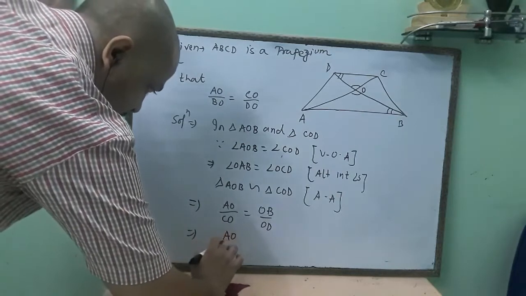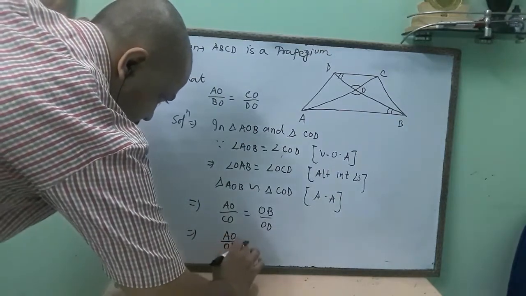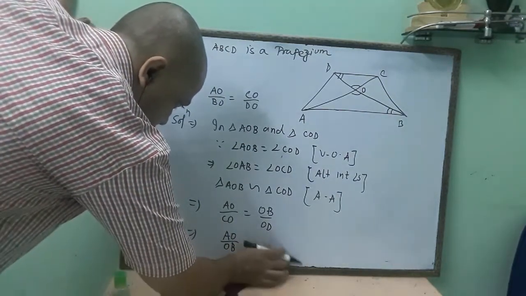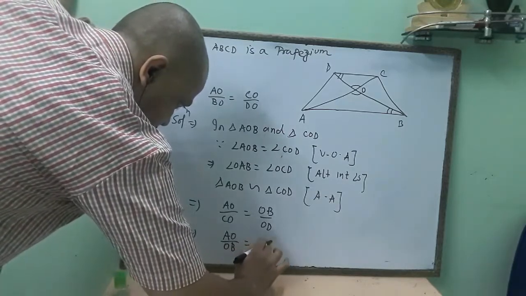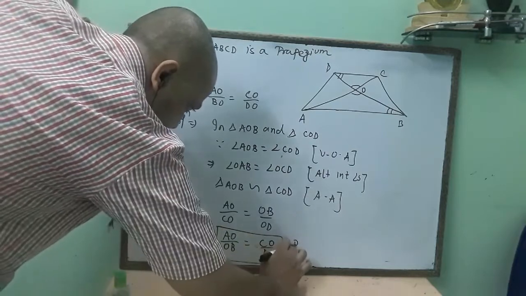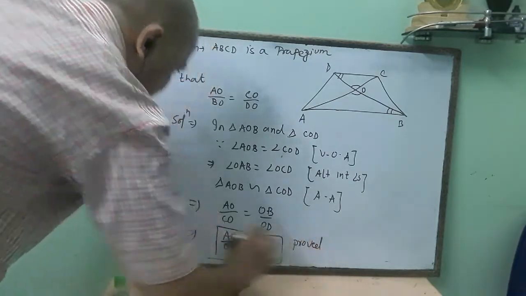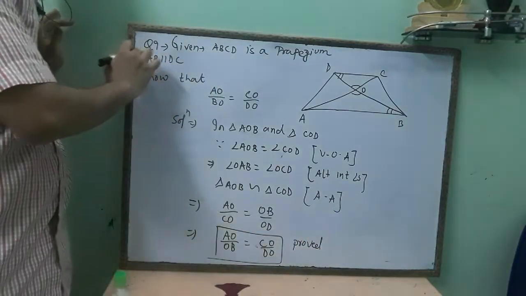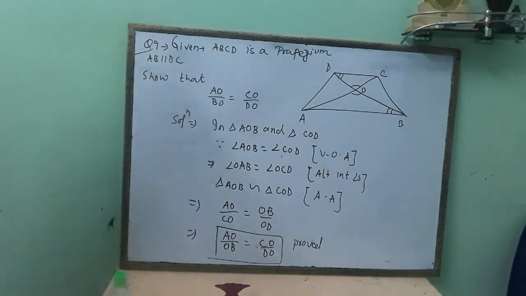After shifting, AO by OB is equal to CO by DO. Hence it is proved. This is the most important theorem, I believe, in this exercise. It has come so many times in the board examination as well as the school examination. So I suggest you revise such types of questions.